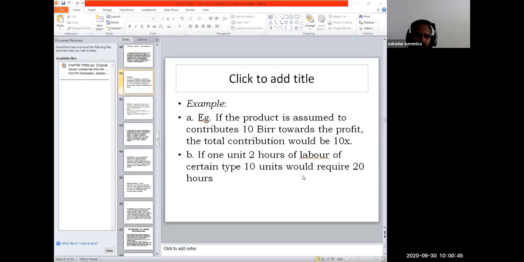So for example, if the product is assumed to contribute 10 birr toward the profits, the total contribution would be 10x.